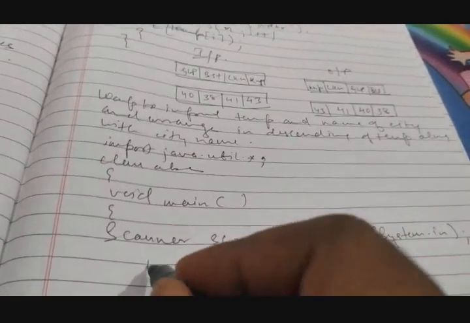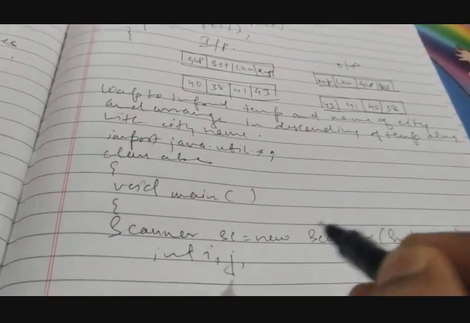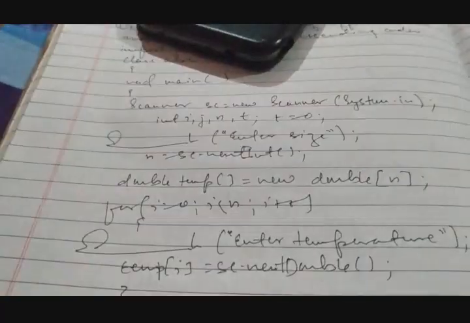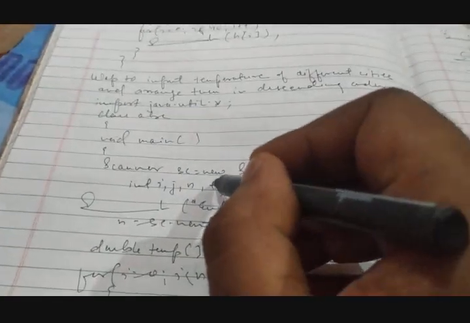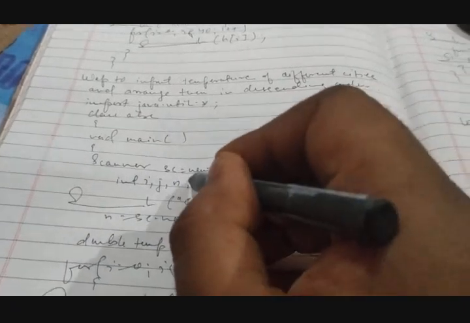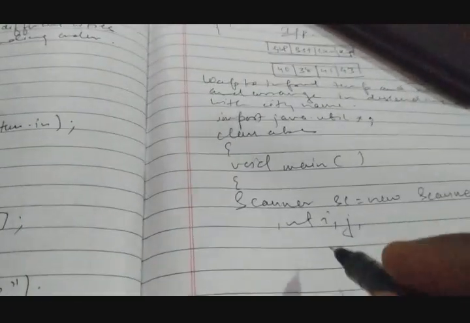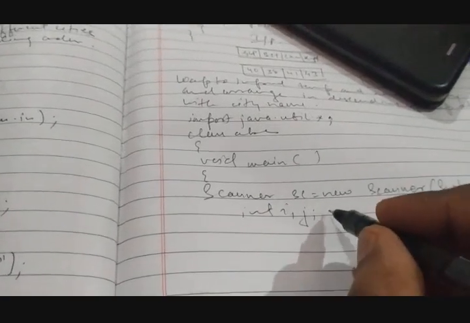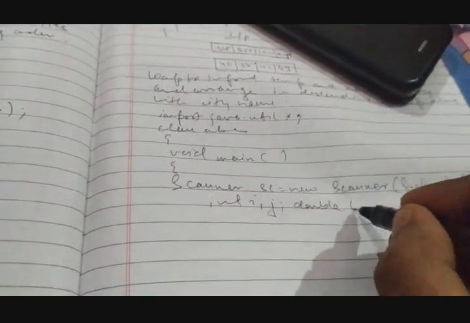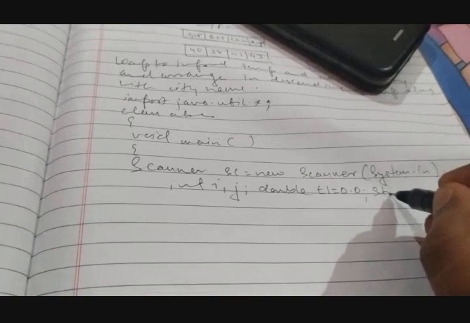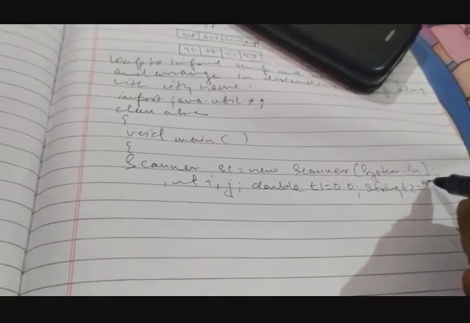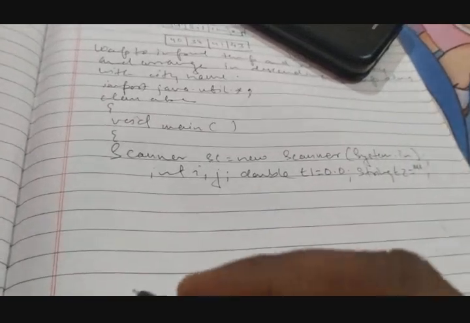So you have int i loop, j loop, and look, in the previous question, one thing you need to check out: because the temperature was in double, the t variable also should be in double only. Double t1 equals to 0.0 and String t2 equals to null. Why? It will get confirmed ahead.